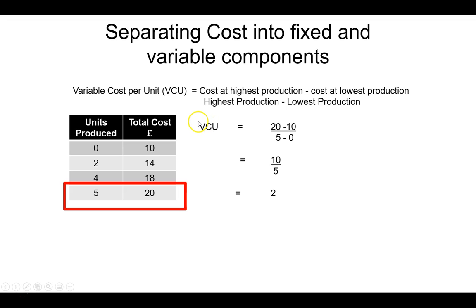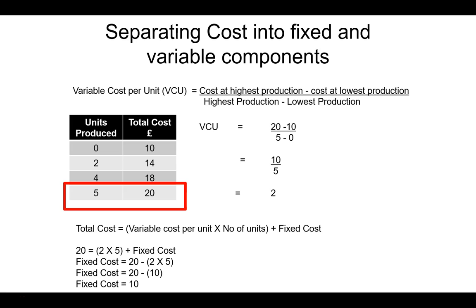Now, this is not finished. So now that we've got our variable cost per unit, we now use the variable cost per unit to work out what our fixed cost is supposed to be. Now, we know our variable cost per unit is 2. As I said earlier today, our total cost is your variable cost plus your fixed cost.